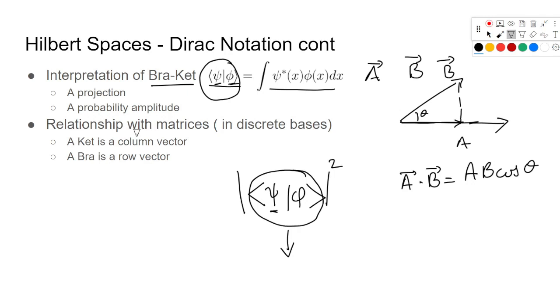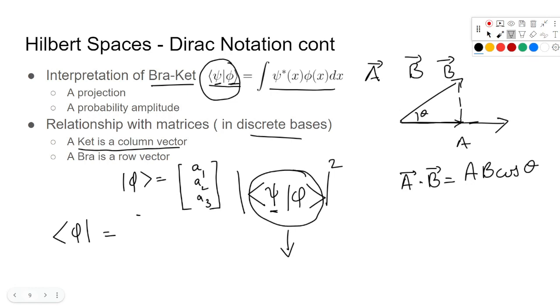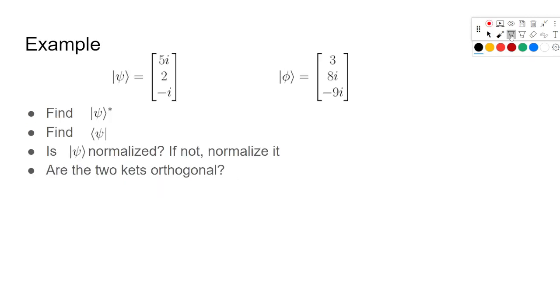A remark we want to make is that when we talk about discrete basis vectors, a ket is a column vector, so this ket would be something of this sort, and a bra would be a row vector. This associates our bra and ket with matrices, and we will use it to solve problems on the next slide.